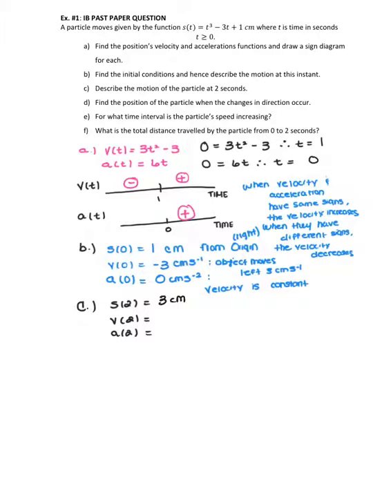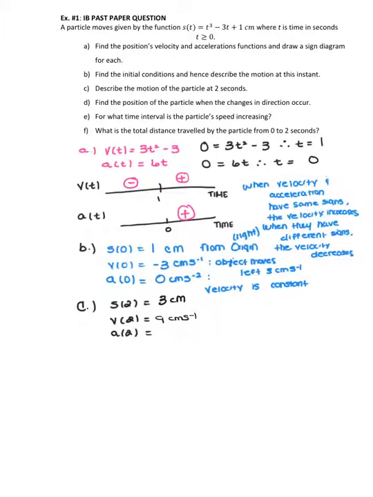Your velocity is what? 9 centimeters per second, which means what? Yeah, so it means that it's moving to the right at 9 centimeters per second.